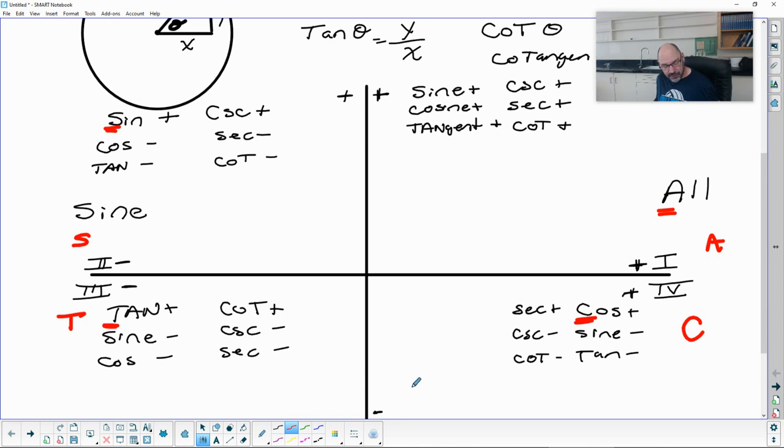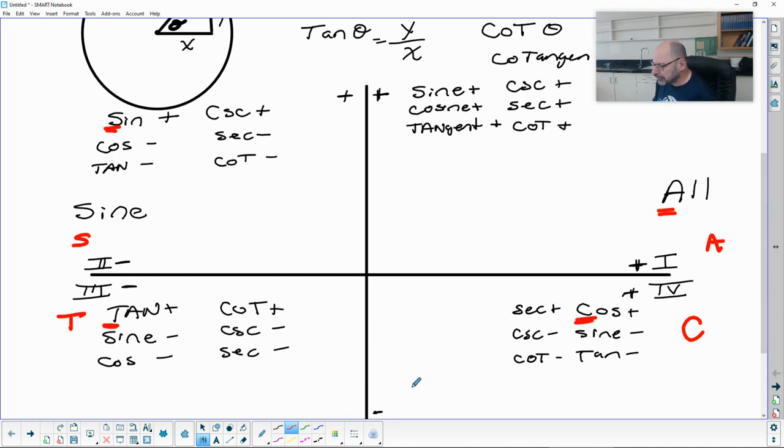But when we get into doing the reference angles with decimals, probably tomorrow, then we have to decide whether it's going to be a positive or a negative value. Your calculator will give positive and negative values, but it's not always right because it works with reference angles. And I'll explain that probably tomorrow.